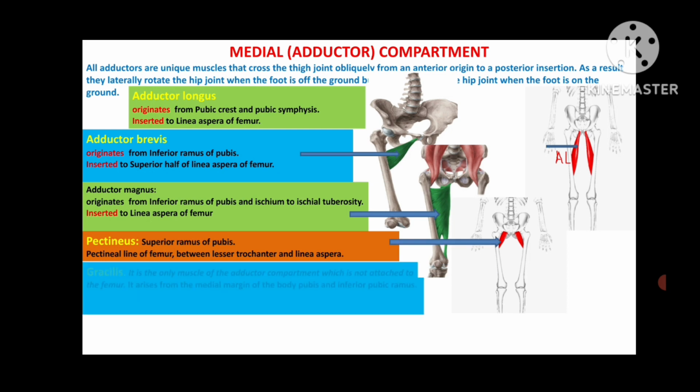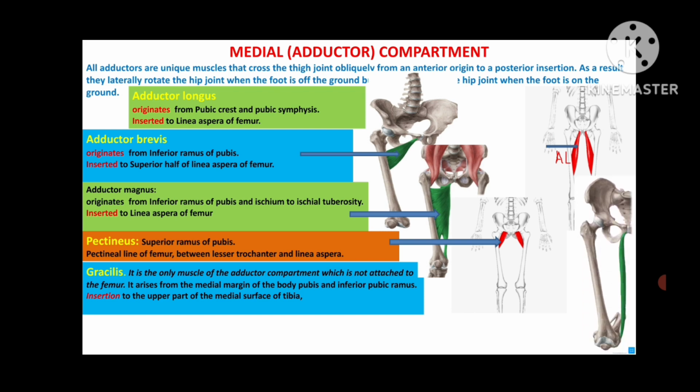The other muscle is known as the gracilis. It is the most medial muscle. It is the only muscle of the adductor compartment which is not attached to the femur; it arises from the medial margin of the body of the pubis and inferior pubic ramus and is inserted to the upper part of the medial surface of the tibia. All these medial compartment or adductor compartment muscles arise from the pubis bone.